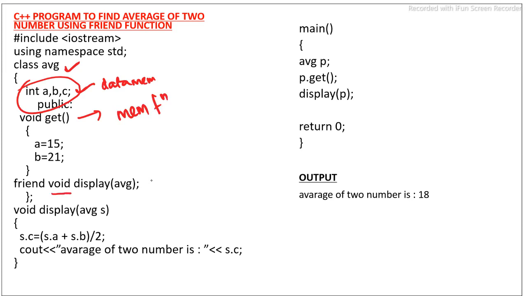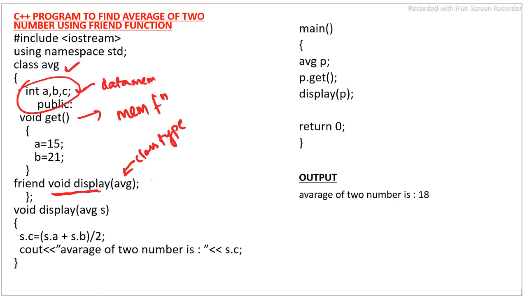Void display is one non-member function which is a friend to this class AVG. The syntax is like this: friend, then the return type, void here, then the function name, display. Inside the parenthesis we need to mention the class type, and the class type is AVG here. Then a semicolon closes the declaration.